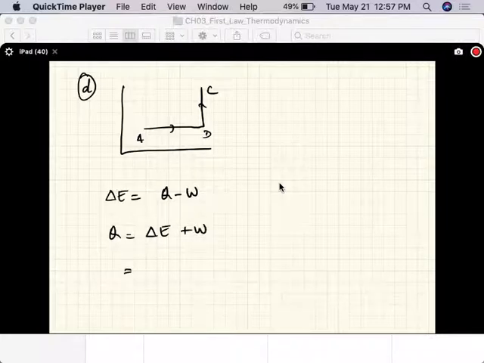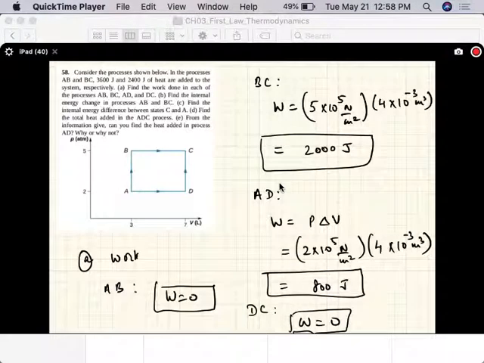We know that along that path, the change in internal energy is 4,000 joules, because in going from A to C, it doesn't matter what path you took. And how much work was done? There was no work done here, only work was done here, and that work was 800 joules. Work done along path AD was 800 joules.